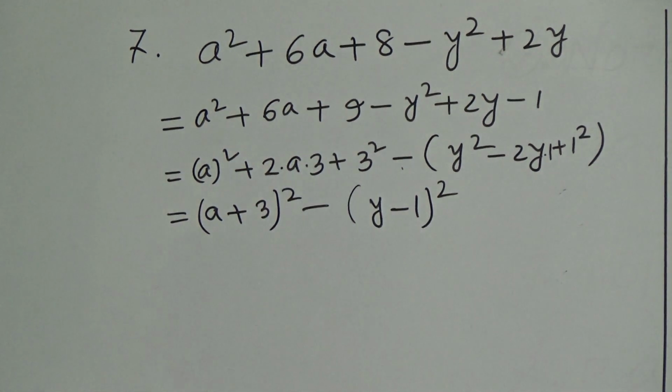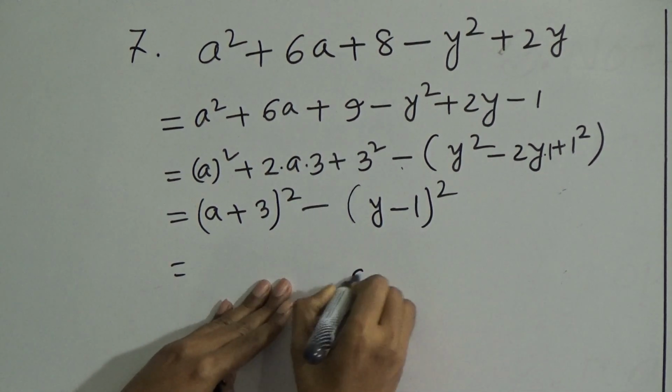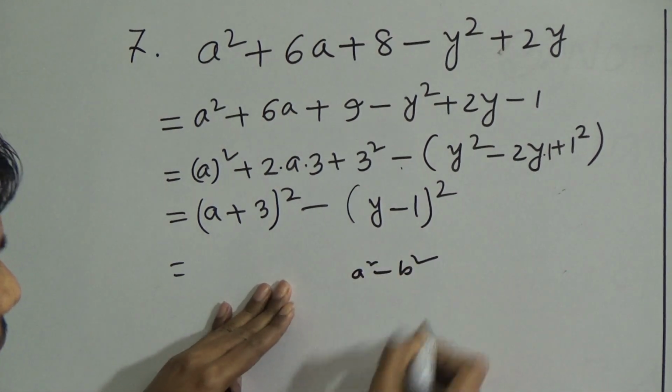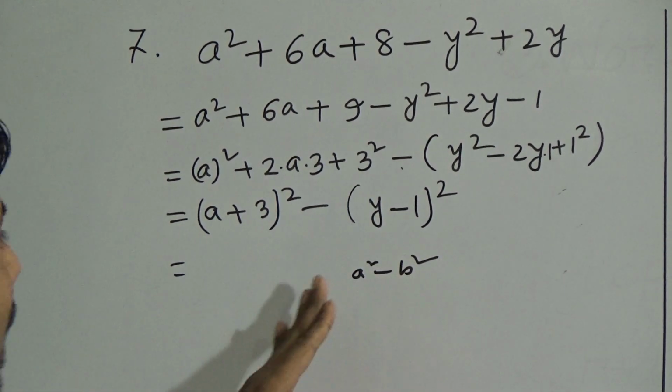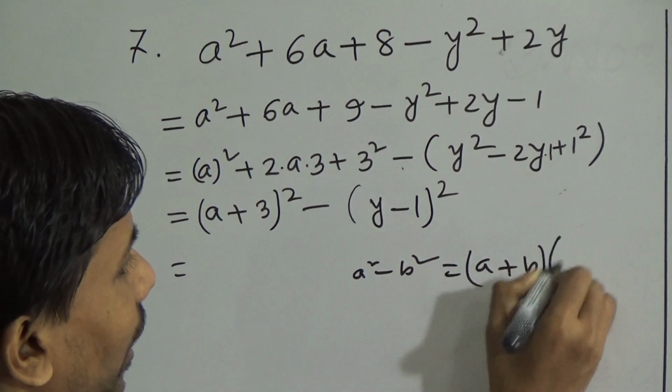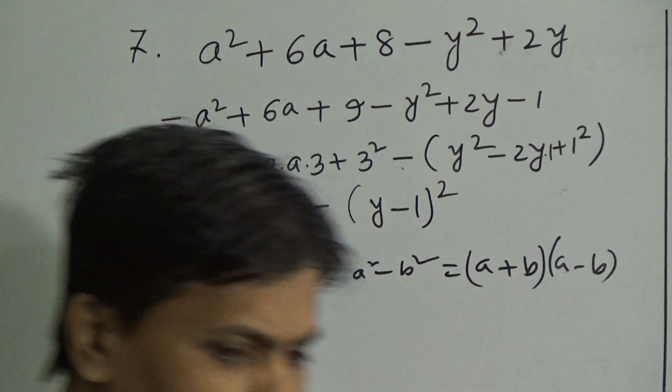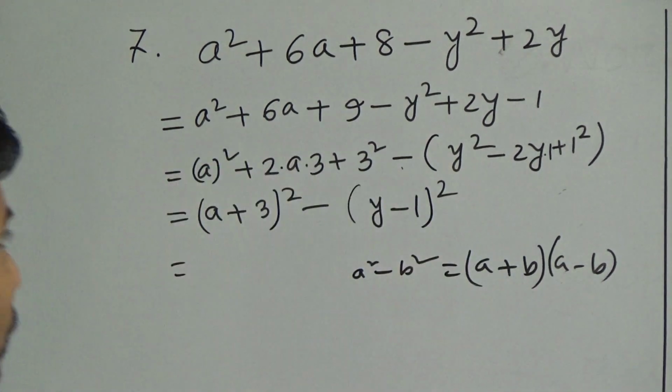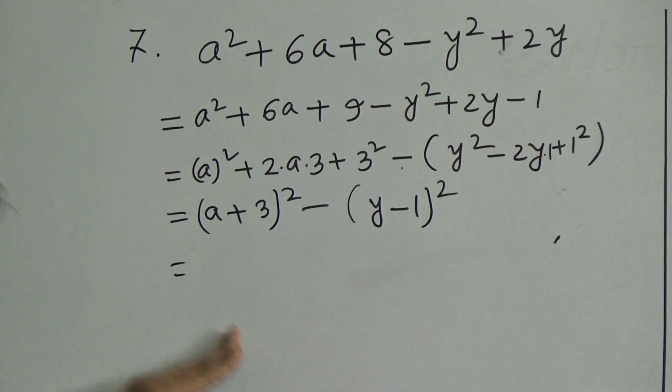Now you see, this is the form of a square minus b square, and we know the formula: a square minus b square equals a plus b into a minus b. So we have to write now this way.